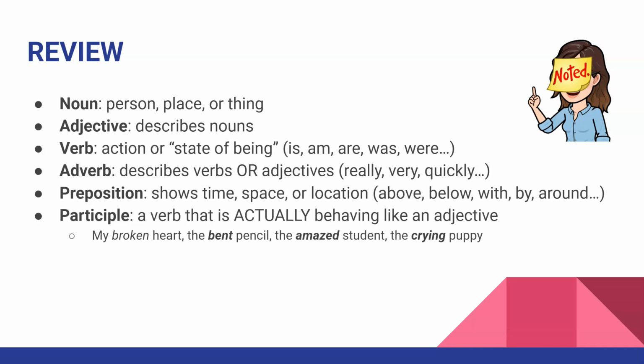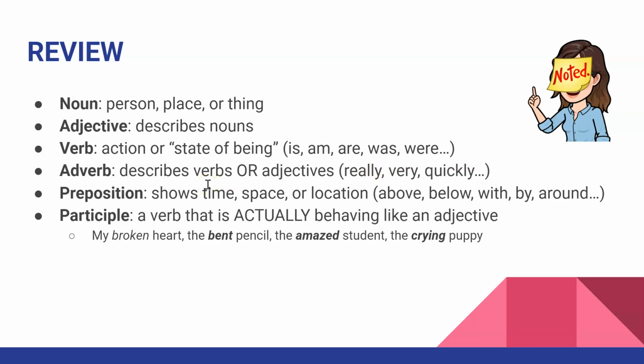Let's go. Before we start, quick review in case any of these parts of speech or verbals are old or difficult for you. I'm guessing you know noun, adjective, and verb. Adverbs describe verbs or adjectives like really or very or quickly. Adverbs can but don't have to end in ly.